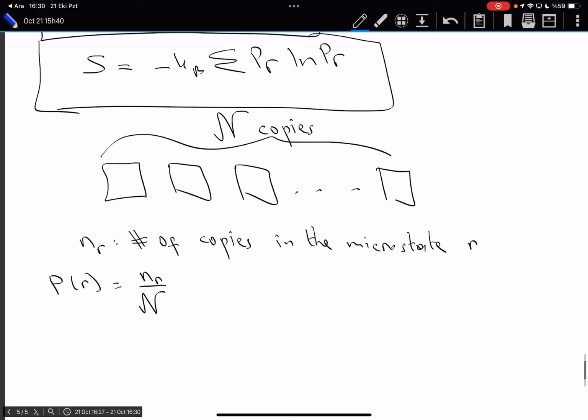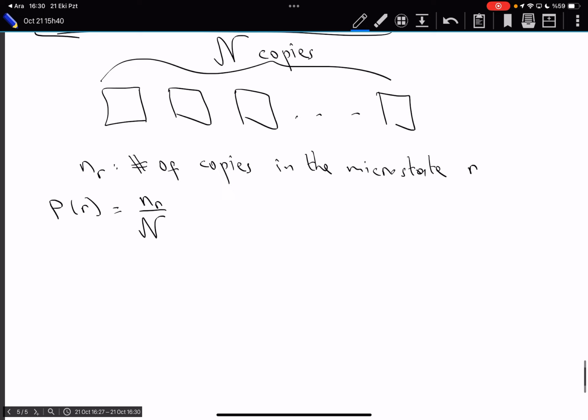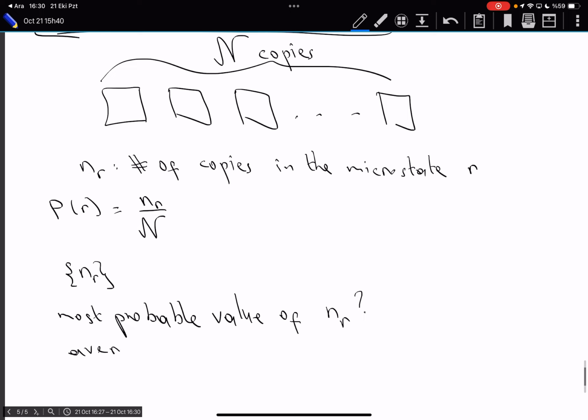Now I can ask the question, what is the most probable value of N_R in this ensemble? My ensemble will be given by these numbers. I can ask what is the most probable or the average.